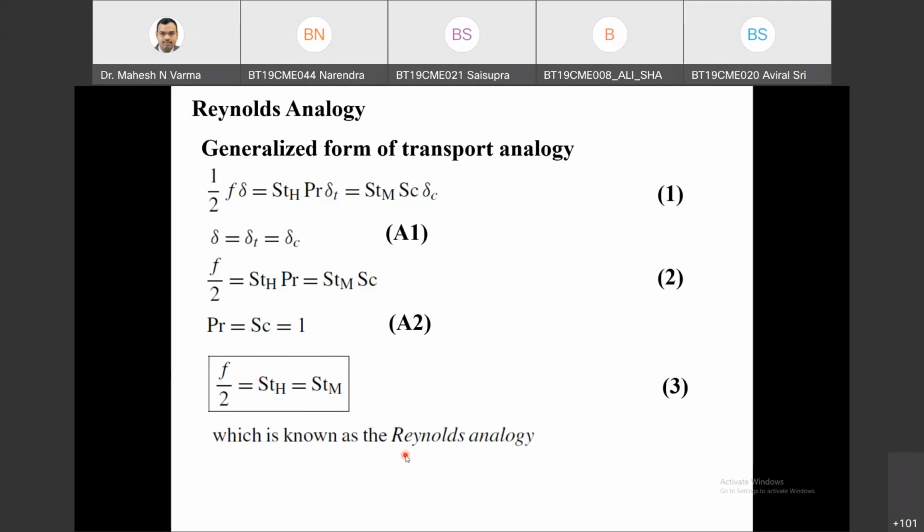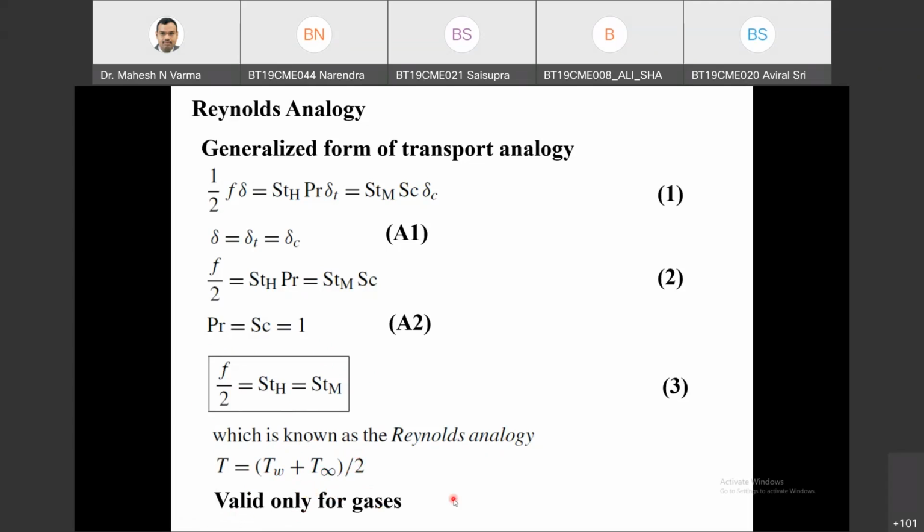This is known as the Reynolds analogy. All the properties are estimated at the average operating temperature. The wall temperature might be different, the bulk temperature might be different, but all properties are estimated at the average temperature, and this is valid only for gases.